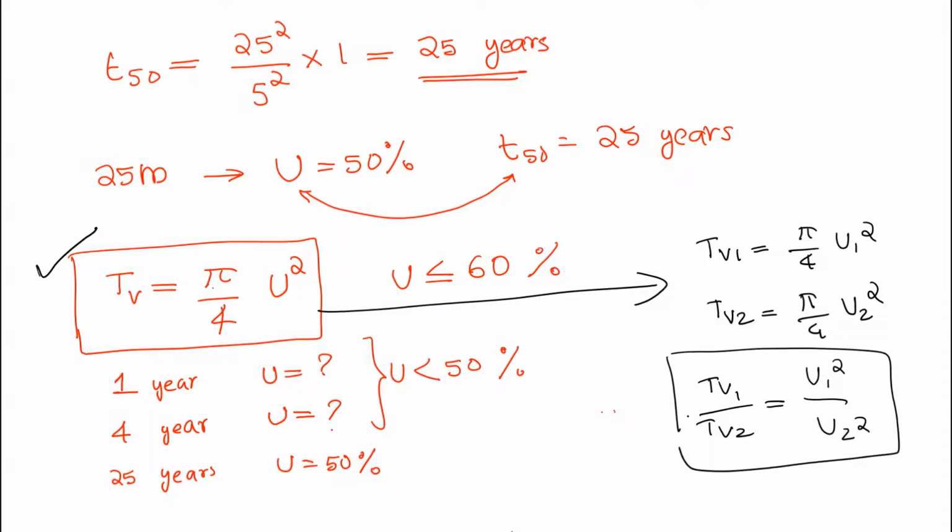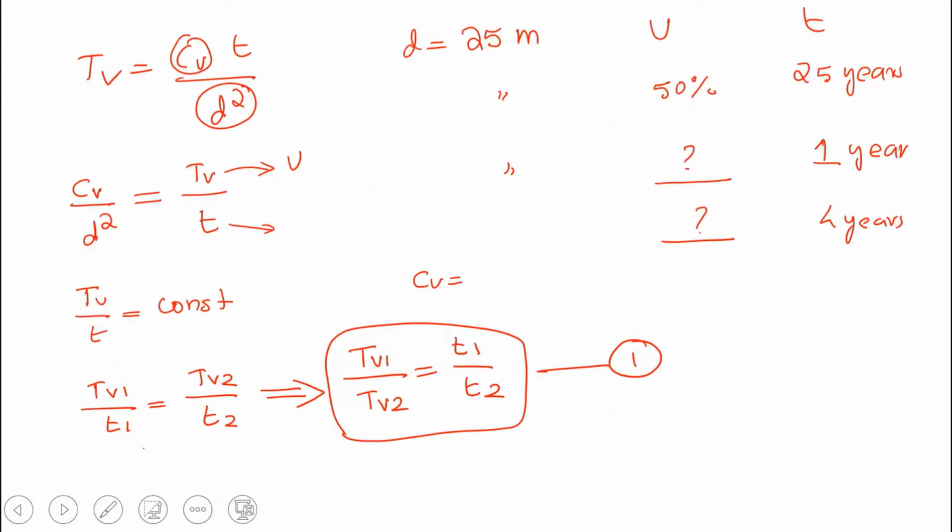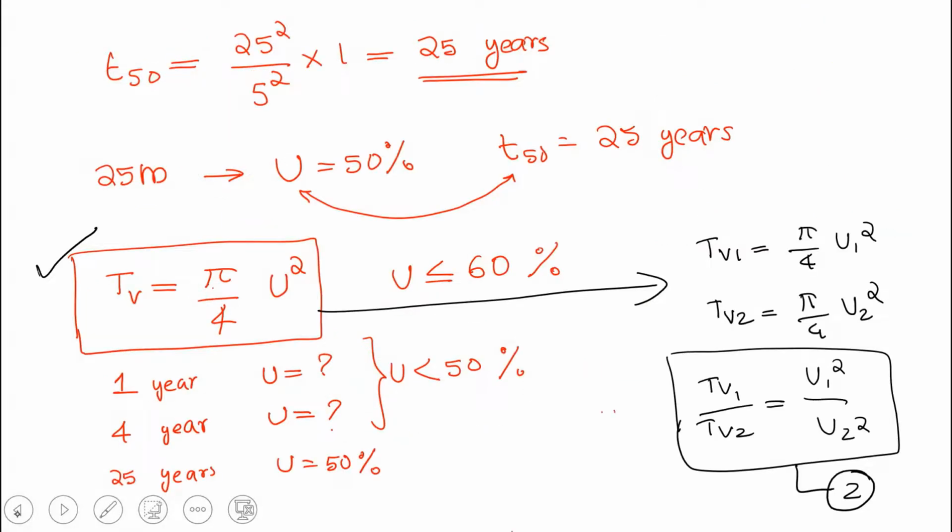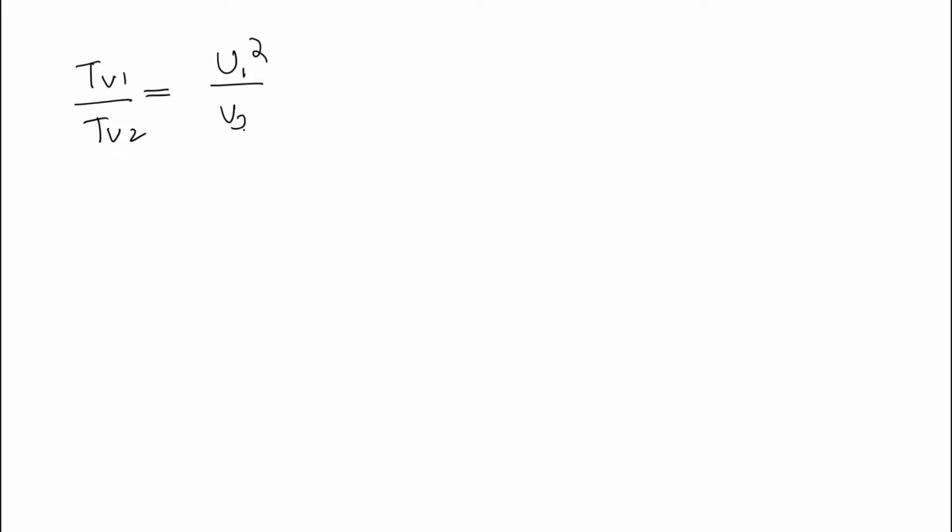So let's keep this as equation number 2. So we have two equations, equation number 1 and equation number 2. Both are Tv1/Tv2. So from both equations I can write Tv1/Tv2 = U1²/U2² = t1/t2.